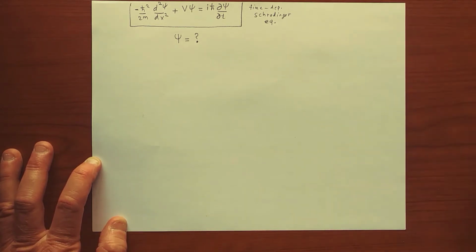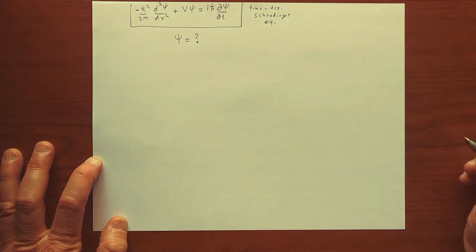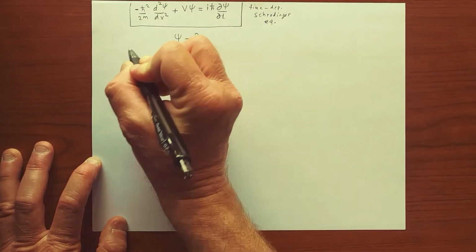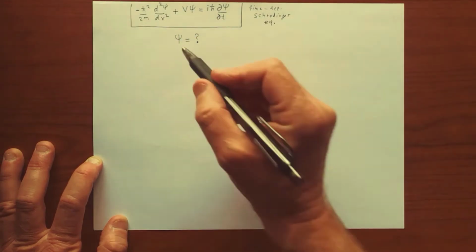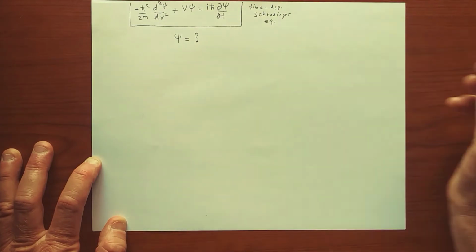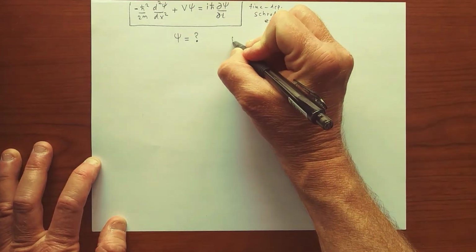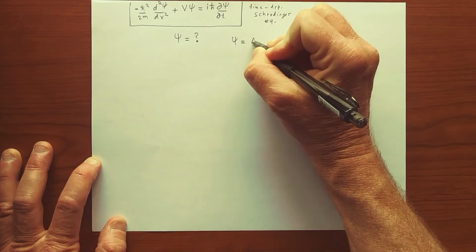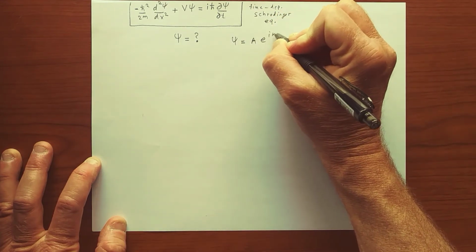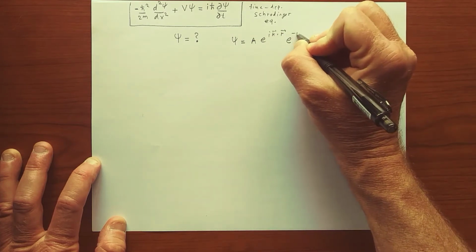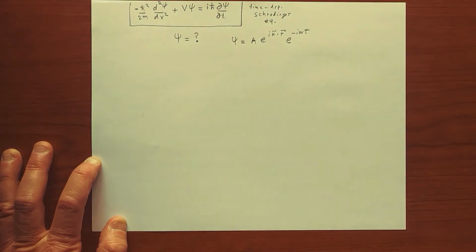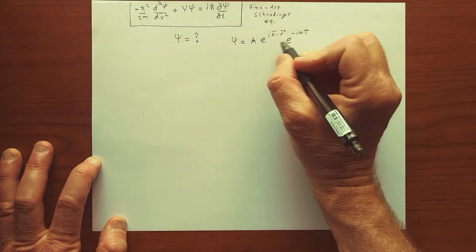So we can make our life easier if we can break up psi into a space part and a time part, and we did this when we had this expression where we assume this solution, and I can write e to the i k dot r minus omega t by breaking up the space part and the time part and writing two exponential functions.